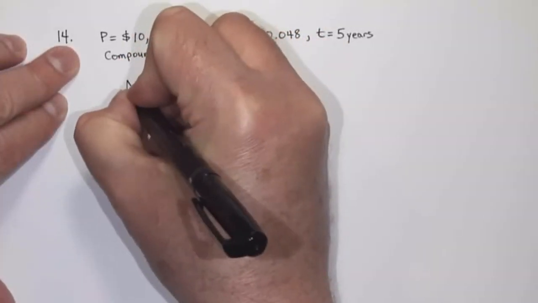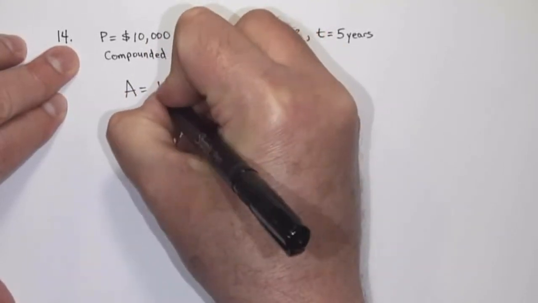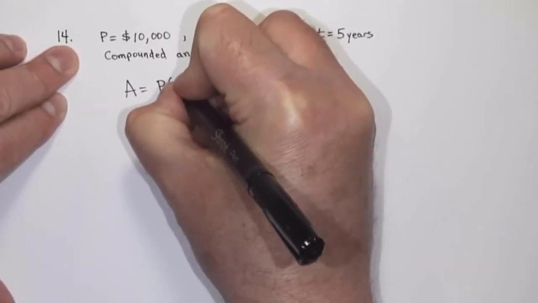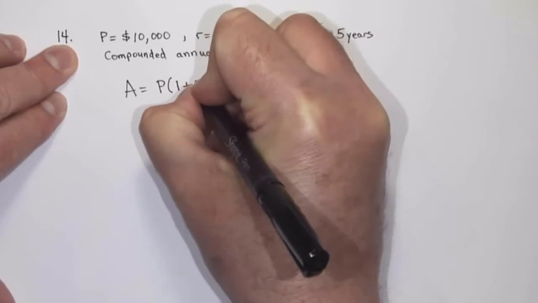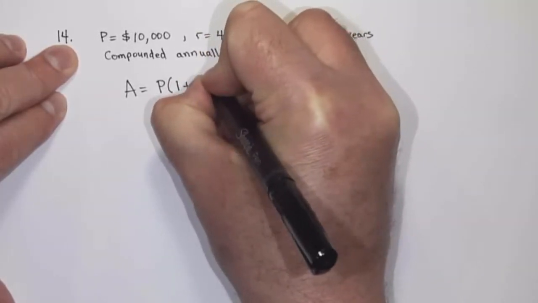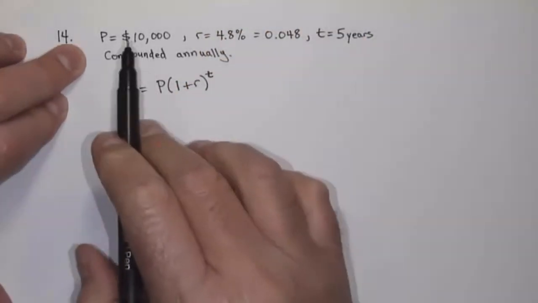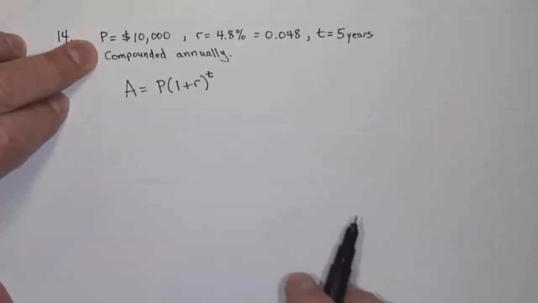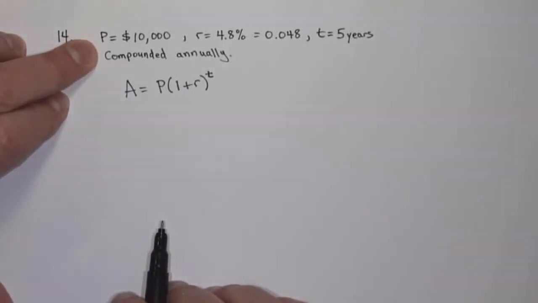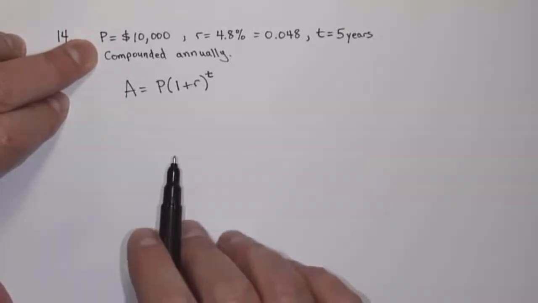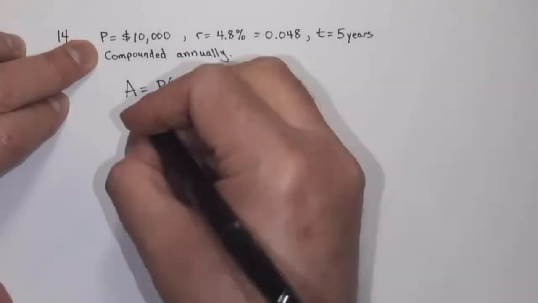So our formula is going to be A equals P, for the principal, times 1 plus r, for the rate, raised to the t power. All I really need to do is substitute these values into our compound interest formula for compounding annually.